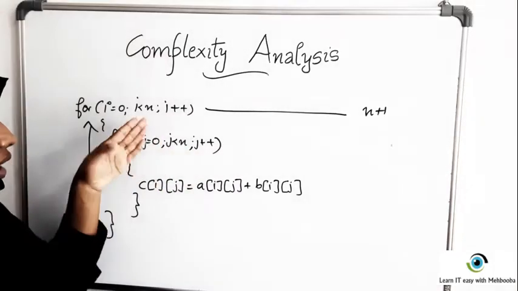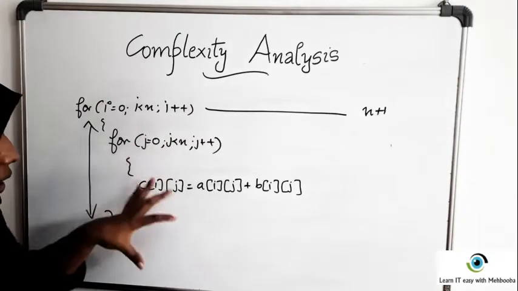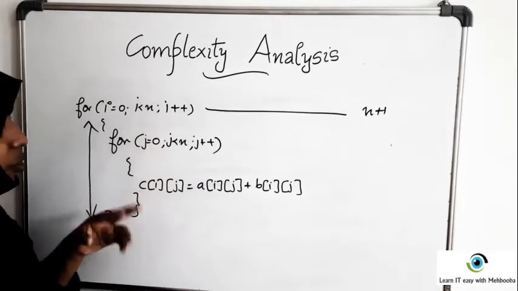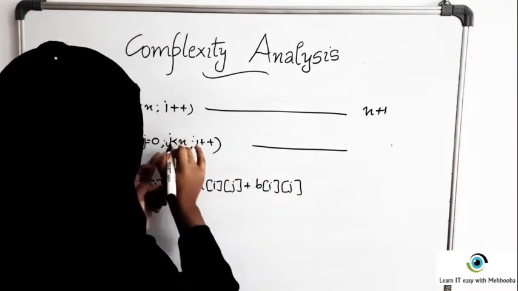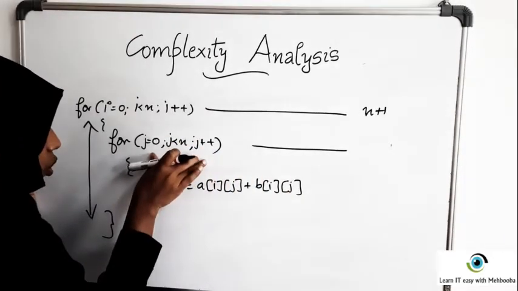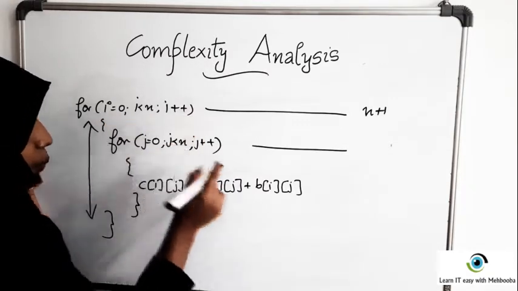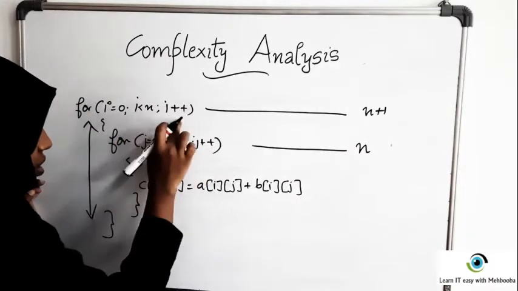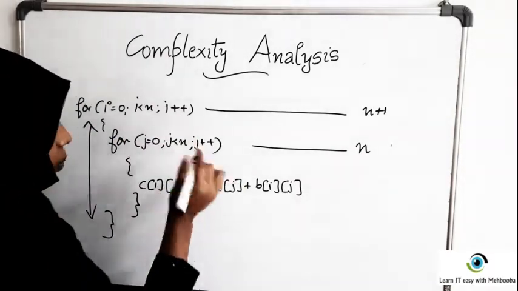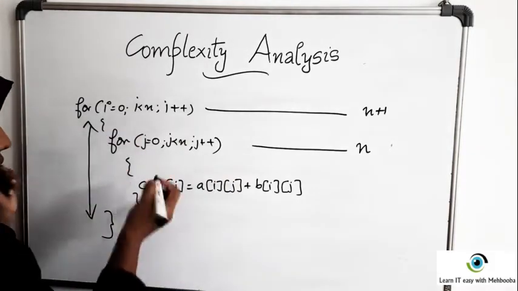So that case can be excluded, because in that case the control couldn't reach inside this loop. In every other situation, this loop will be executed because it is nested inside the outer for loop. So n times under the influence of this loop.